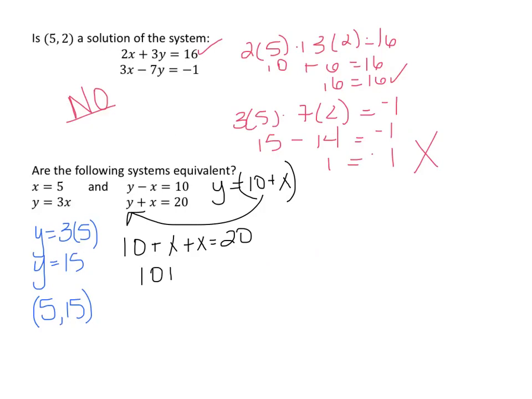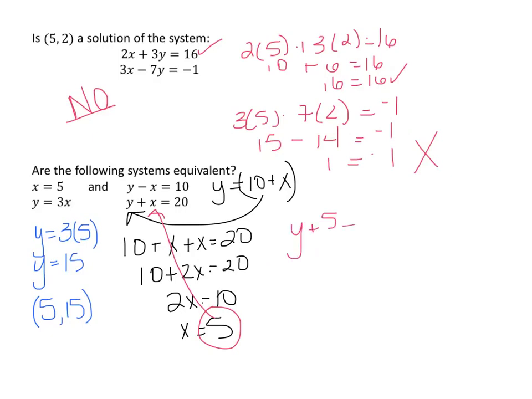So that's 10 plus 2x. So the x value on this system is 5. I then have to plug 5 into either one of those equations. It doesn't matter. For x, so y plus 5 equals 20.